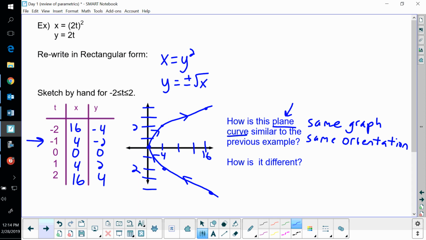So even though the path of the object is the same, the time that the object is in those locations is not the same. So we can say different t's for the rectangular points.